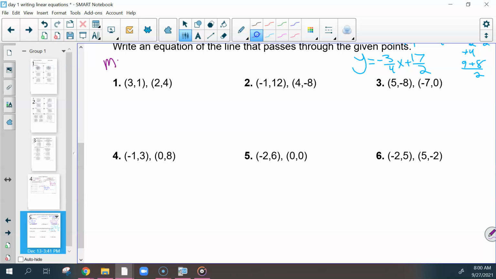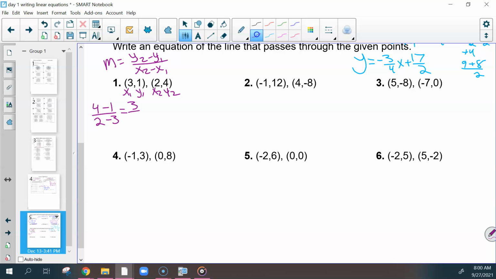Remember, slope is y2 minus y1 over x2 minus x1. So do that first. Label them if we need to. We have 4 minus 1 over 2 minus 3.